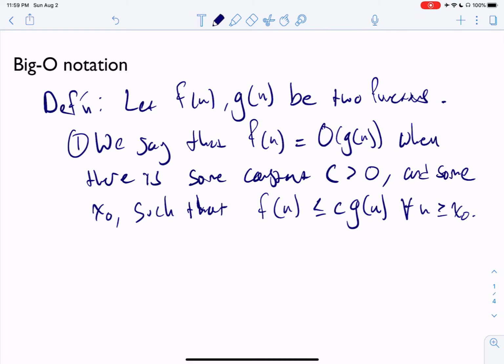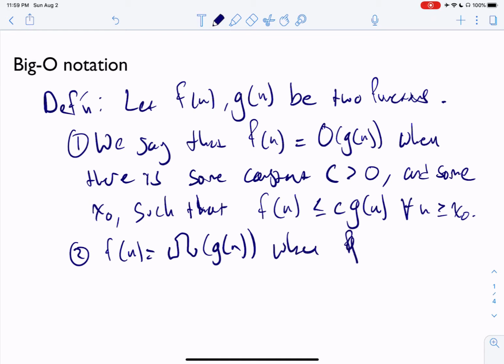So I'll give you a couple of other definitions. We also have f of n equal to omega of g of n, and we say that when actually g of n equals big O of f of n. So basically, when you see big O, what you think of is that essentially f of n doesn't grow any faster than g of n. g of n bounds the growth of f of n, upper bounds the growth of f of n.